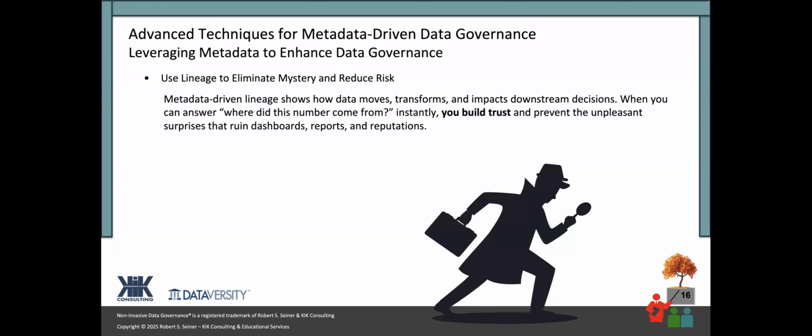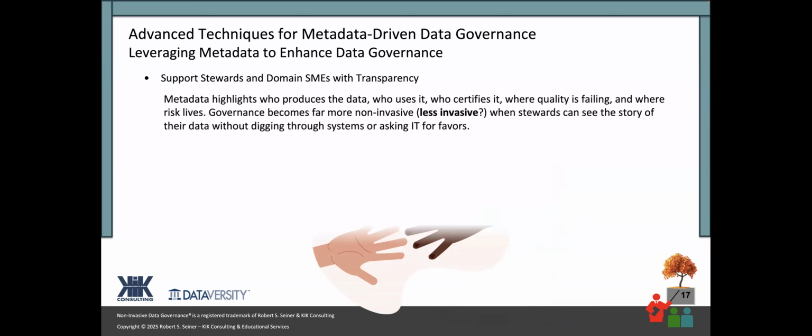If you can provide it, you're going to build trust with the people that are using the data, and with the people that are using the metadata as well. So another way to make your data governance program provide more value to your organization is to use the lineage metadata to eliminate that mystery and to reduce risk in your organization.